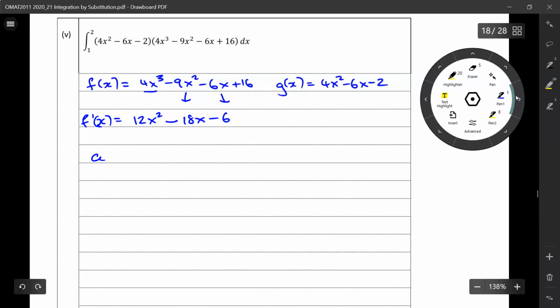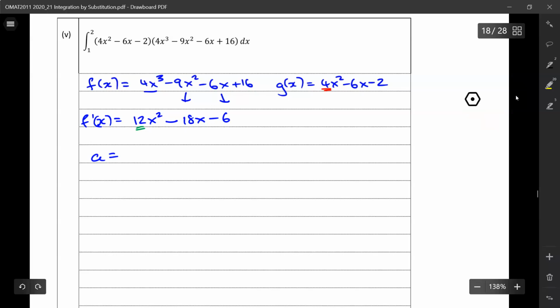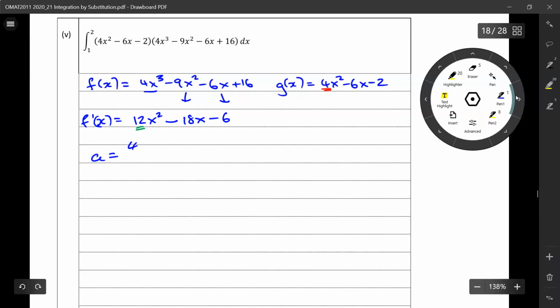Get our multiplier a by dividing the coefficient of g of x by the coefficient of f of x. So that gives me 4 divided by 12, which is 1/3. So the next question is, is a times the first derivative of f at x equal to the other function in the product, g of x?